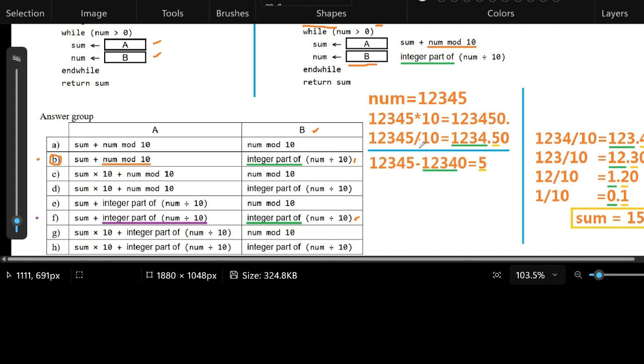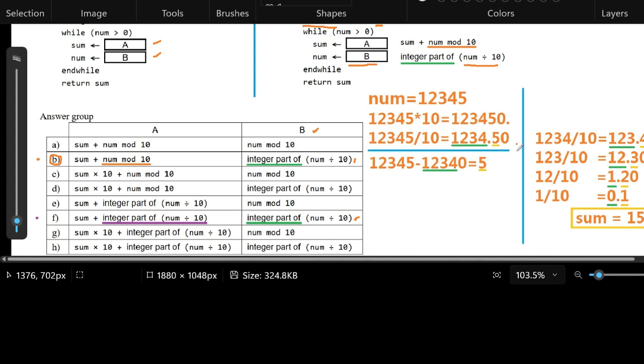But what if we divide it by 10, which is what we're doing here? Then we would have to shift the decimal point from the right to the left. So that would give us 1234.5. So if we are doing the division here, then we are moving the decimal point towards the left side.